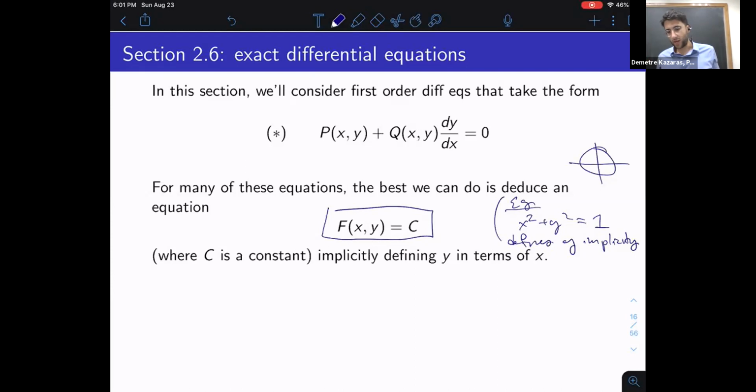The set of points that satisfy this equation is not the graph of a function. It fails the vertical line test. So you shouldn't necessarily even want to solve explicitly for y. Anyway, this is often as good as we can do, find an equation like this.